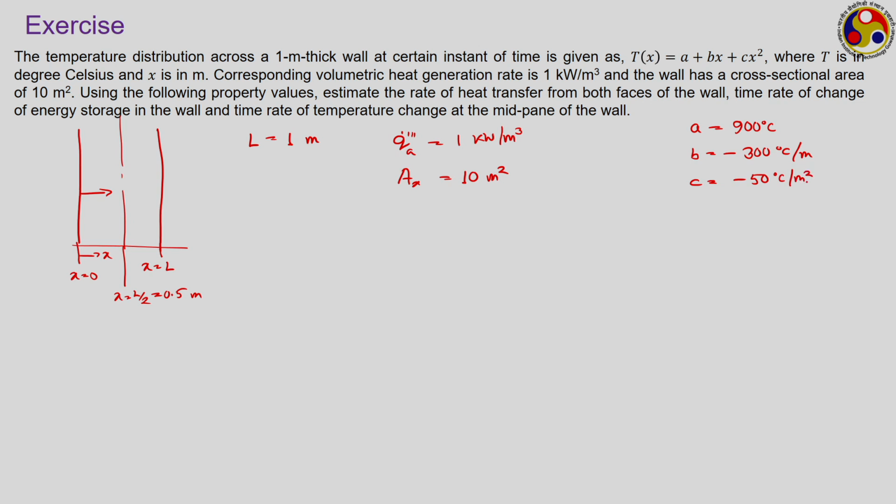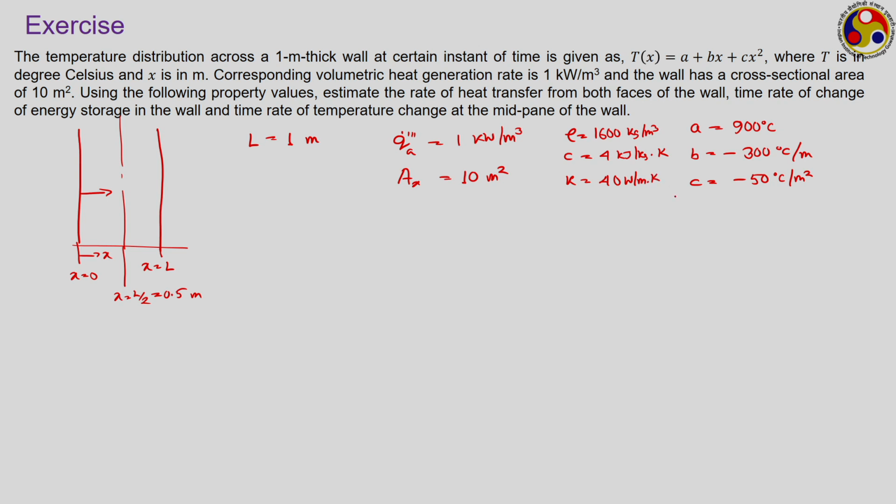per meter square, and certain properties are also given for the wall material. Its density is given as 1600 kg per meter cube. Its specific heat is given as c or c_p, whatever you would like to write, 4 kilojoule per kg Kelvin, and thermal conductivity k is 40 watt per meter Kelvin.